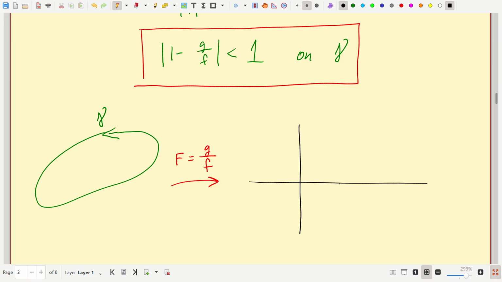Okay, so here's 1. And G over F is less than a distance 1 from 1. Well, the set of things that are exactly a distance 1 from 1 is the circle of radius 1 about 1.